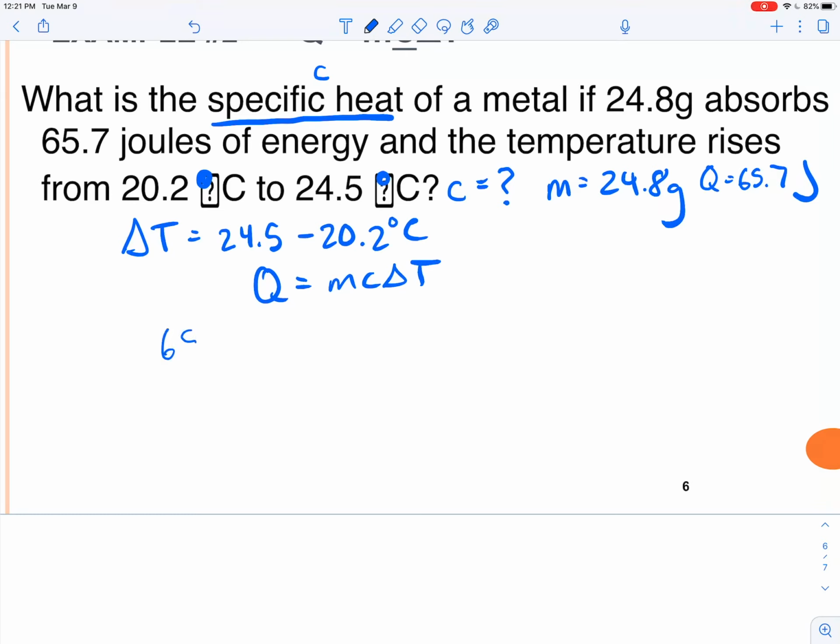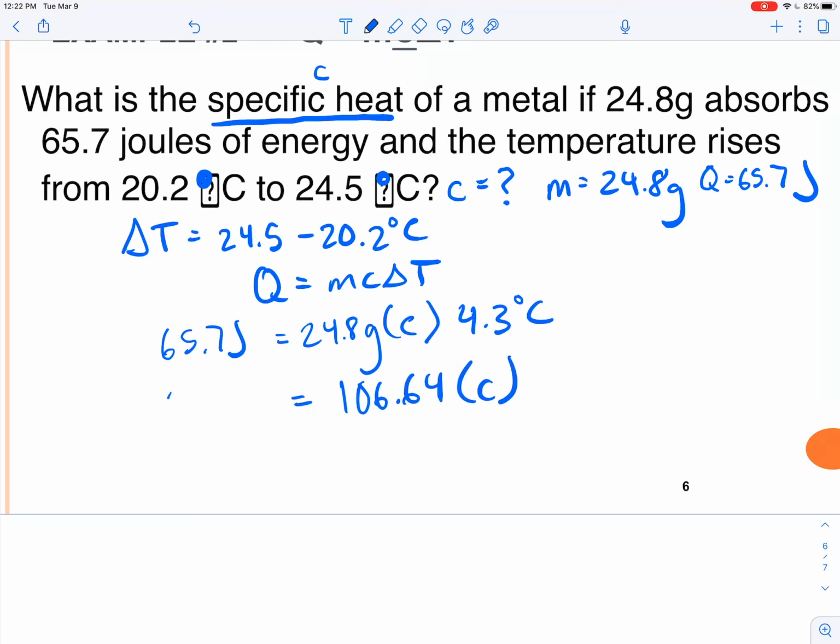So Q is 65.7 joules. My mass is 24.8 grams. I don't know the letter C. And then my change in temperature, if I punch that in, I get 4.3 degrees Celsius. So I'm going to simplify this by multiplying these two numbers on the right side, and I get 106.64 times C is equal to 65.7.